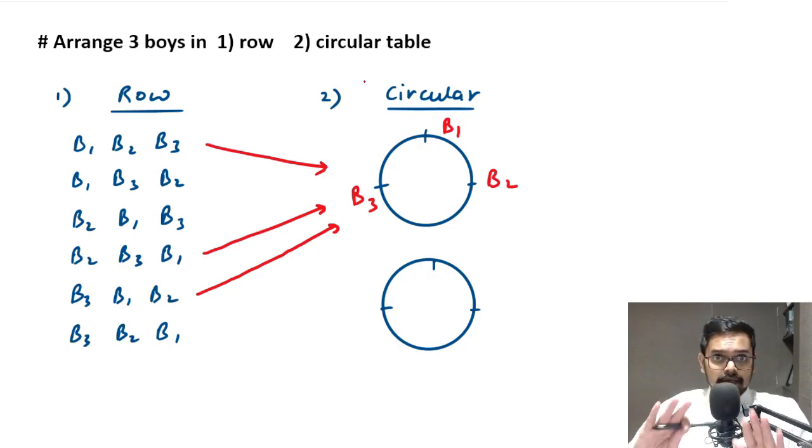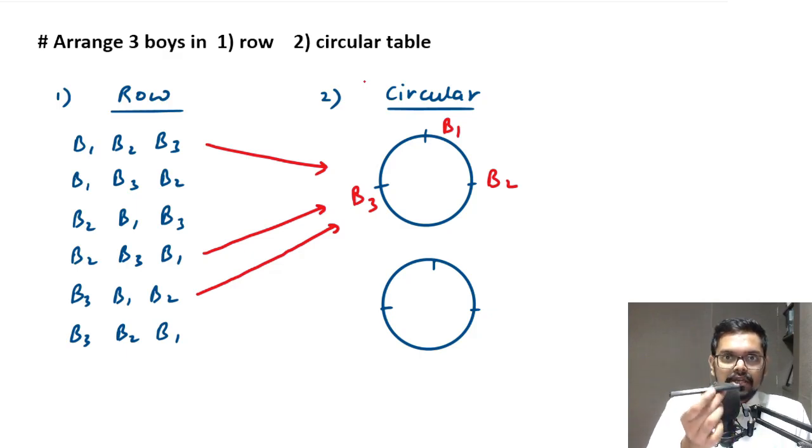Listen carefully, this is a critical line. In a linear arrangement, rotation changes the position. See, in a linear arrangement there is a start and an end. If I do a rotation, the start becomes the end and the end becomes the start. But in a circular arrangement, there is no start and no end.